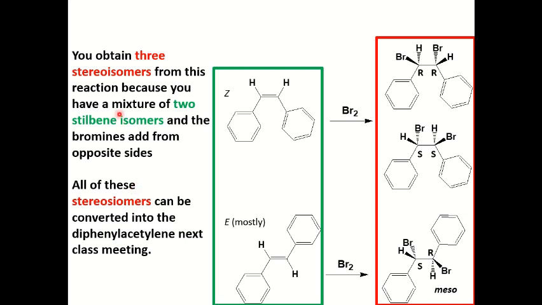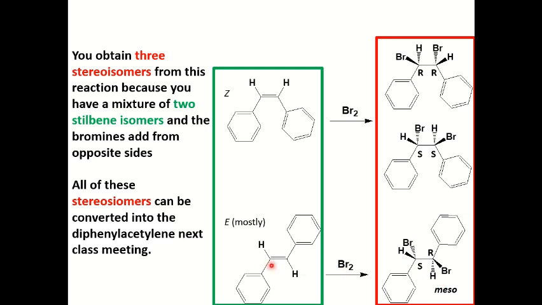So in this case, you can obtain three stereoisomers from this reaction because you have mixtures of two stilbene isomers, right? And the bromines add from opposite sides. Since you have Z-stilbene and E-stilbene, you can have this isomer over here coming from Z-stilbene and the meso compound over here, right?